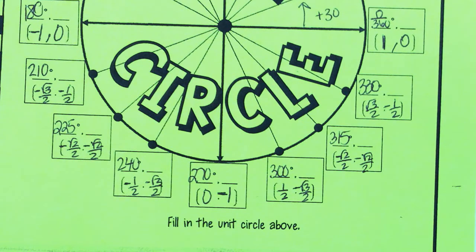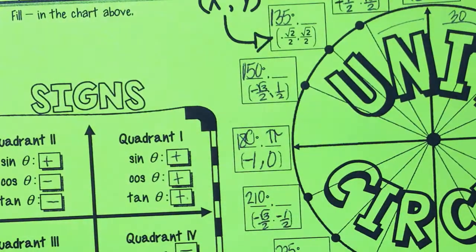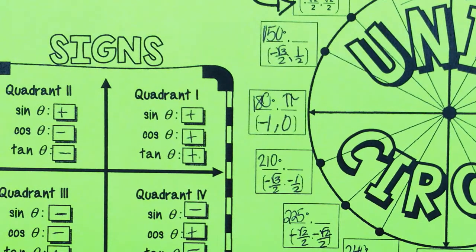The last thing is we have to put all the degrees in radians. Let's start with what we know. We know what is 180. What is 180? Same as pi. Good. So we can put pi right here. And we know that 90 is pi over 2.